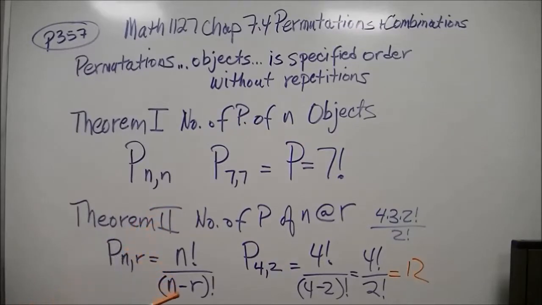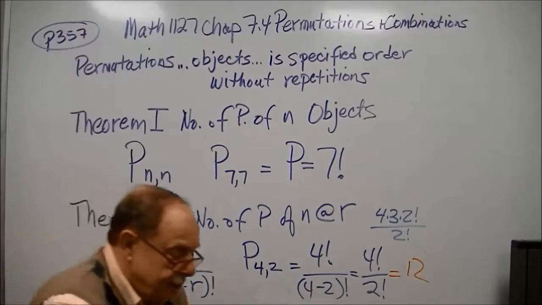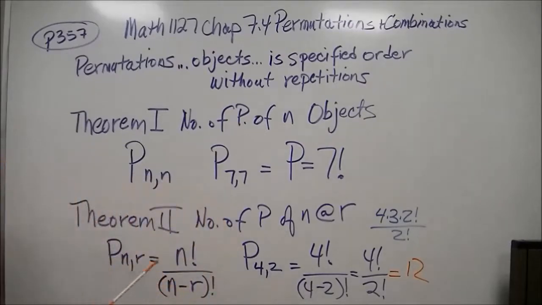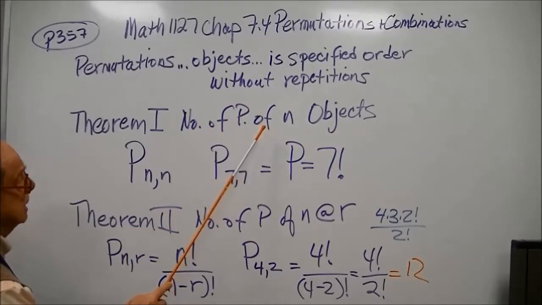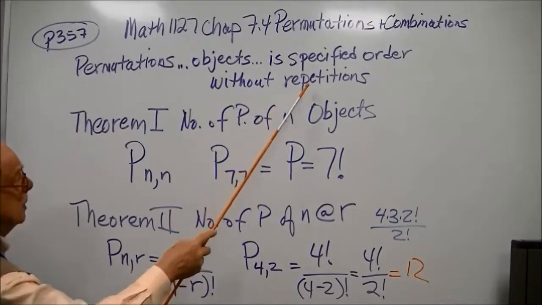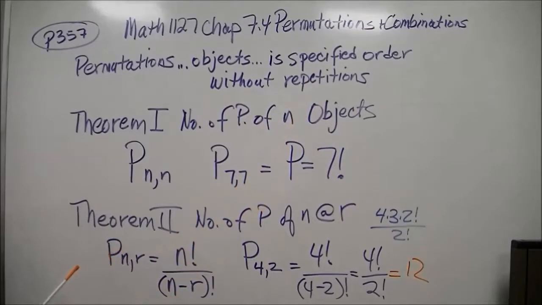A permutation of a set of n distinct objects taken r at a time without repetition is an arrangement of r of the n objects in a specific order. So I kind of shortened it here in my notes: a number of objects in a specific order without repetition.